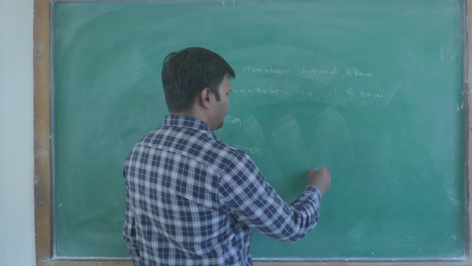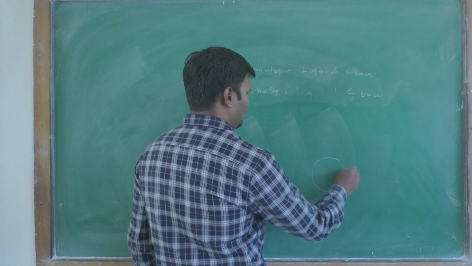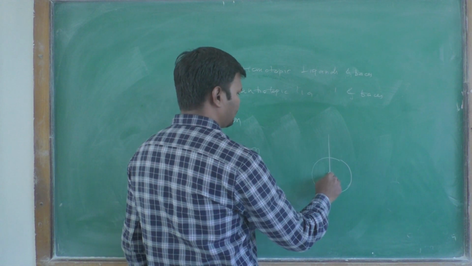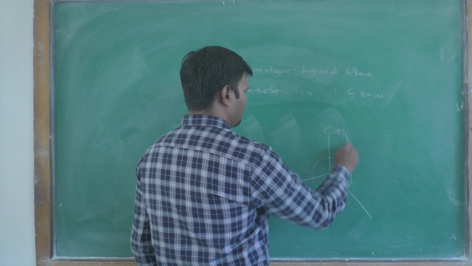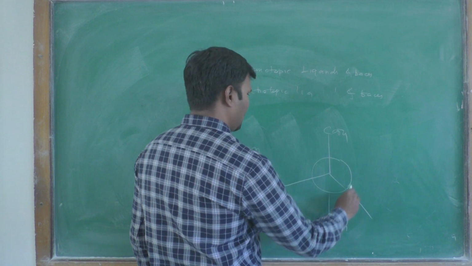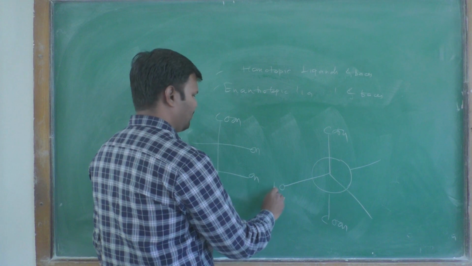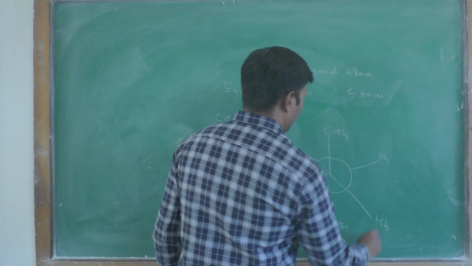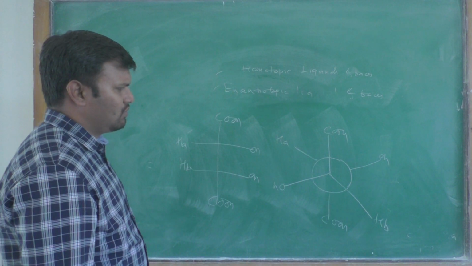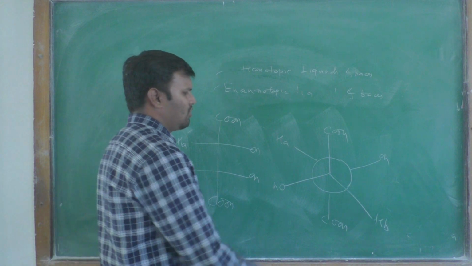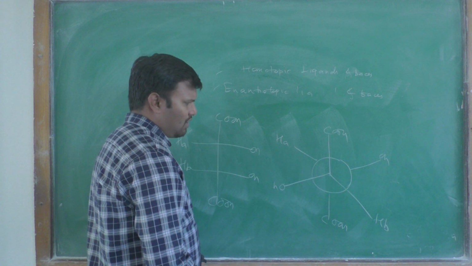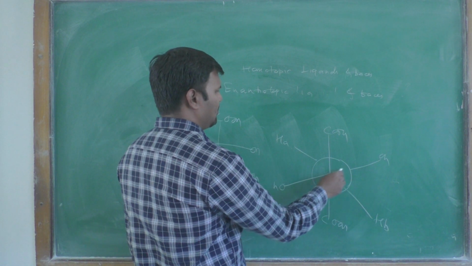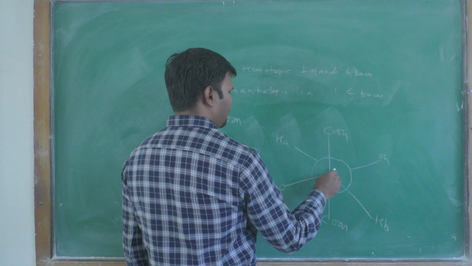When we look at these groups in the Newman projection formula, a center of symmetry is there, and if you consider these two groups, there is a center of symmetry through the center.